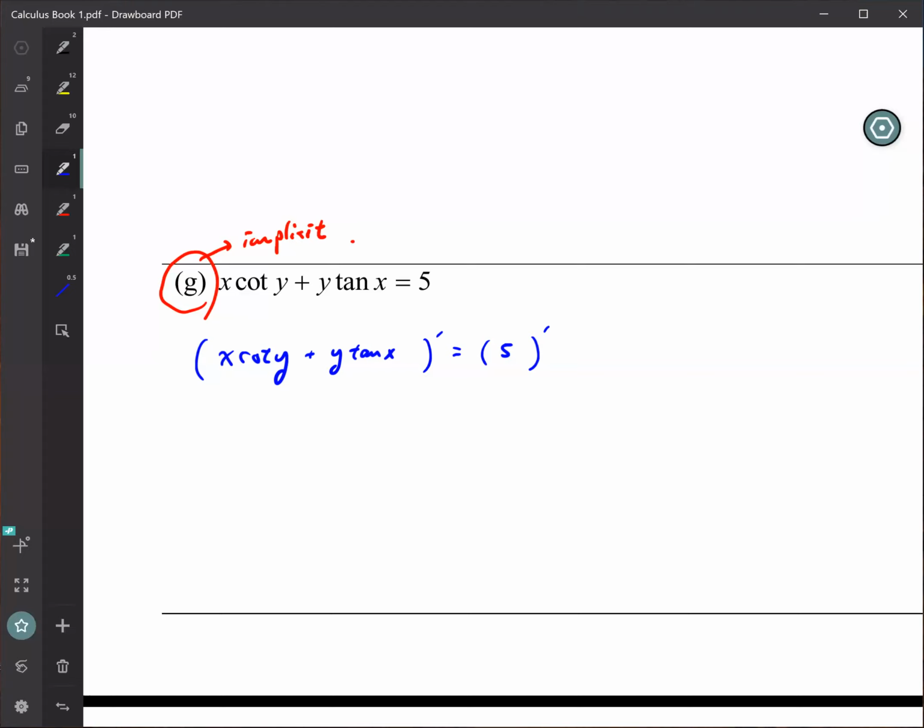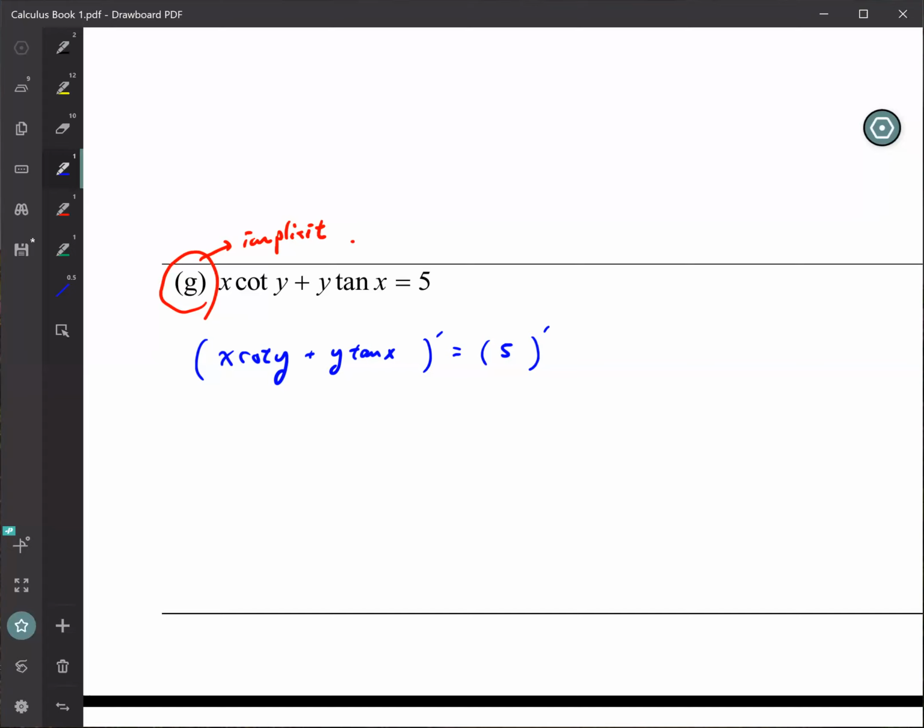Yeah, y is some function. So I can't treat it like x, where I can just use the trig functions, right? When you prime the y, it won't become 1, right?